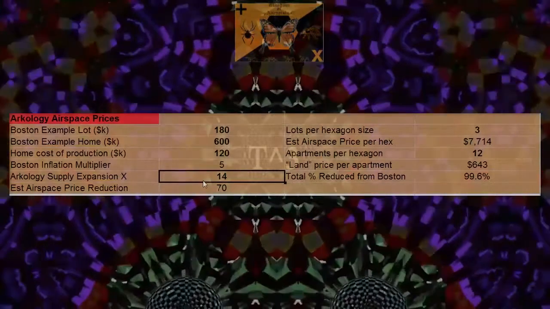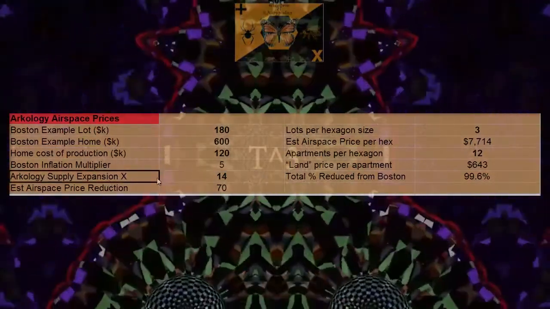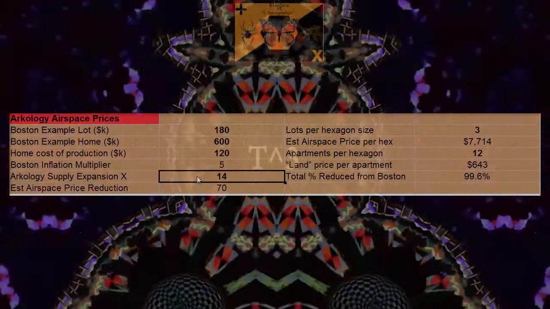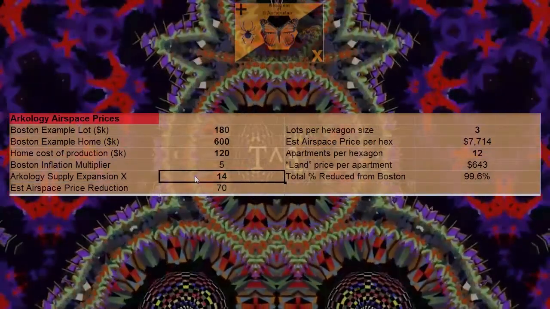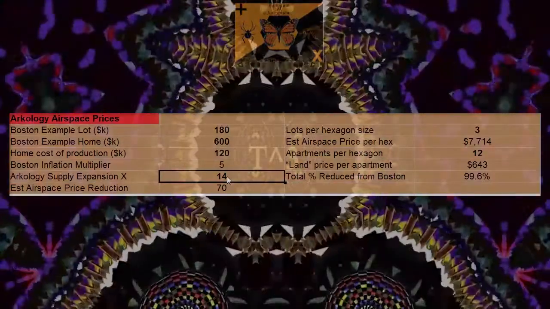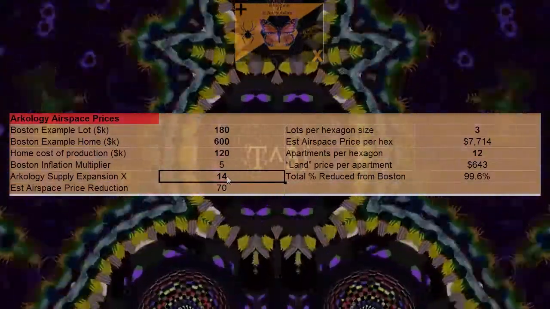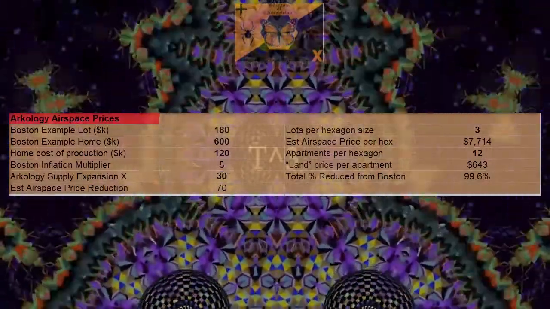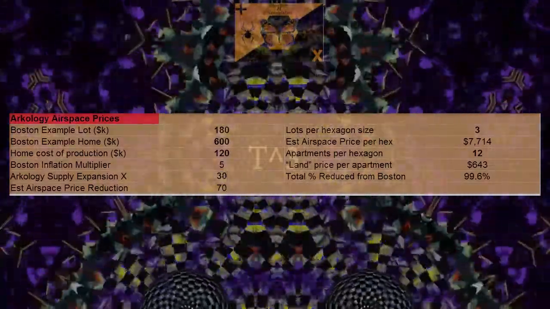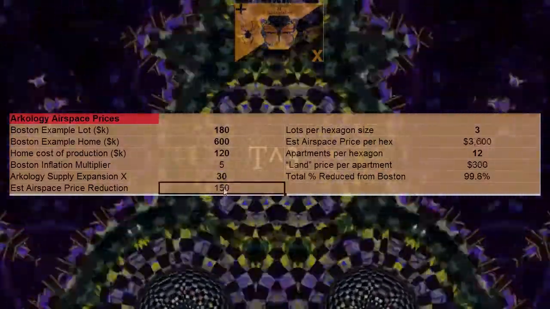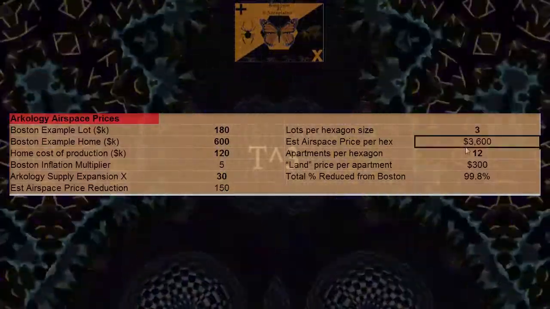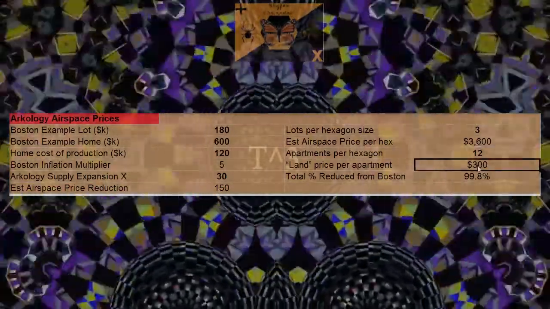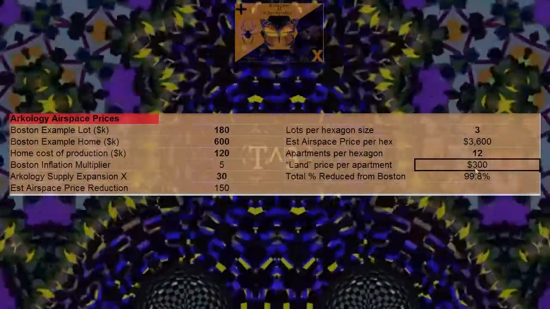If we're looking at an improvement in the general compression of the city, which we definitely are, I could add another variable here, but I'll just increase this. So let's say we have a compression of 2x for the city. So you have to go from 14 to 30, approximately 2x. You're looking at, this is now 150. Your airspace price gets reduced by 50%. Your land price gets reduced by 50%.